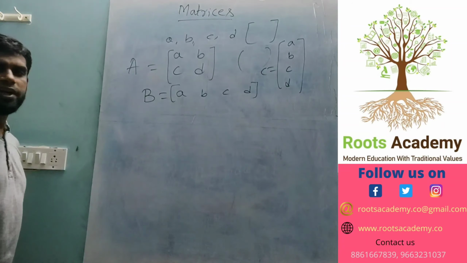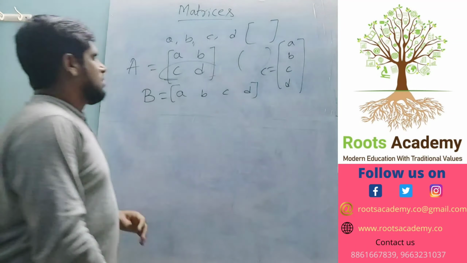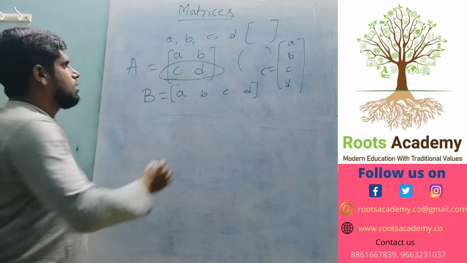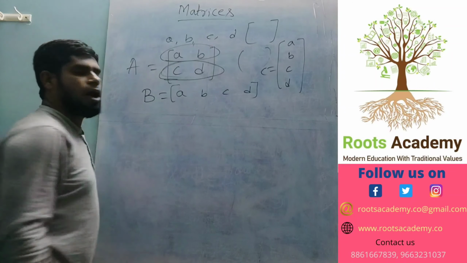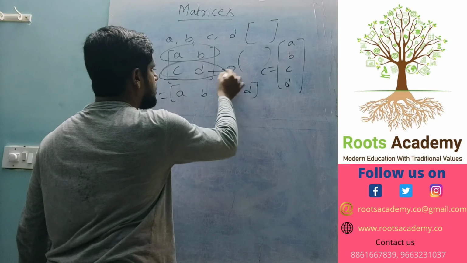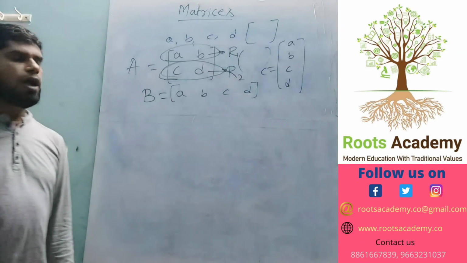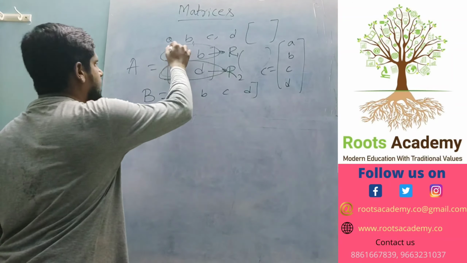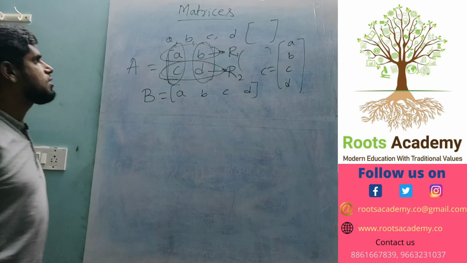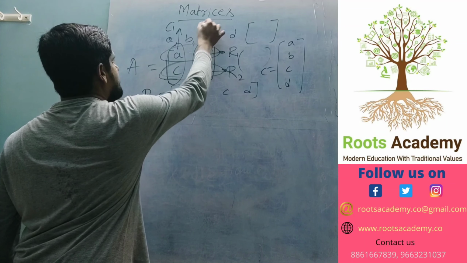Next, students, after the definition of a matrix, let us consider here these horizontal lines or horizontal arrangements are called rows, and these vertical arrangements or lines are called columns.